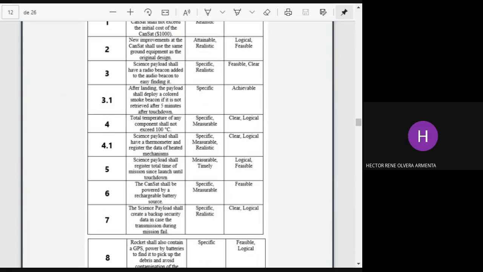Because if the material is not optimal to resist over 100 degrees, it could cause a malfunction, and it could even explode, and we could lose our payload. That is what we are trying to bring safely during the launch.